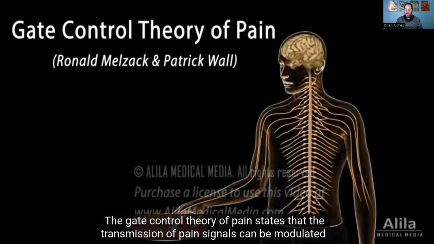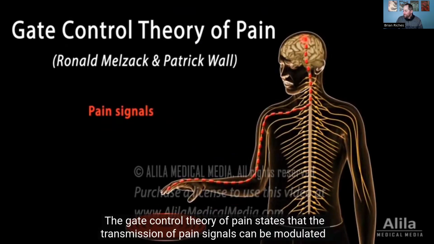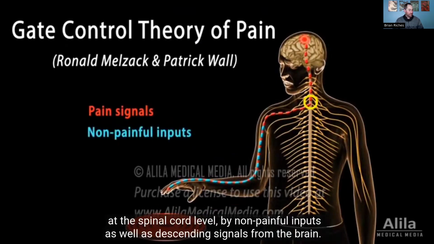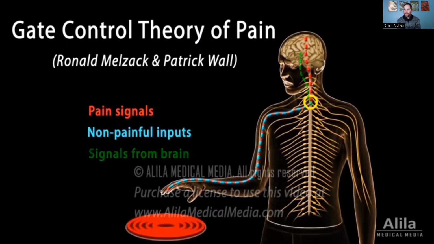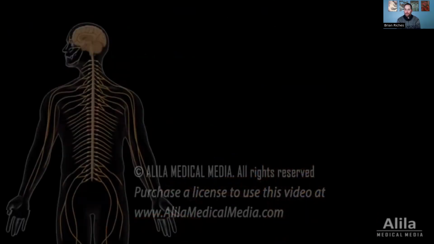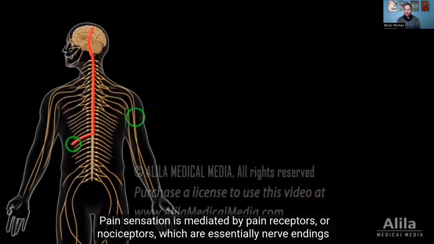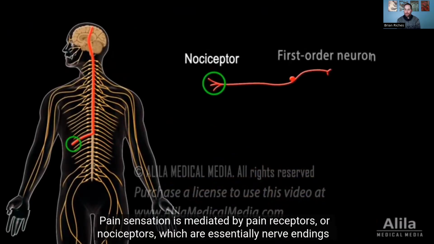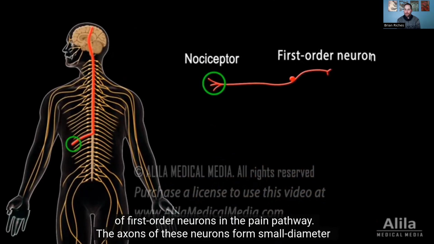The gait control theory of pain states that the transmission of pain signals can be modulated at the spinal cord level by non-painful inputs as well as descending signals from the brain. Non-painful inputs typically close the gate to painful inputs, reducing pain. Pain sensation is mediated by pain receptors or nociceptors, which are essentially nerve endings of first-order neurons in the pain pathway.